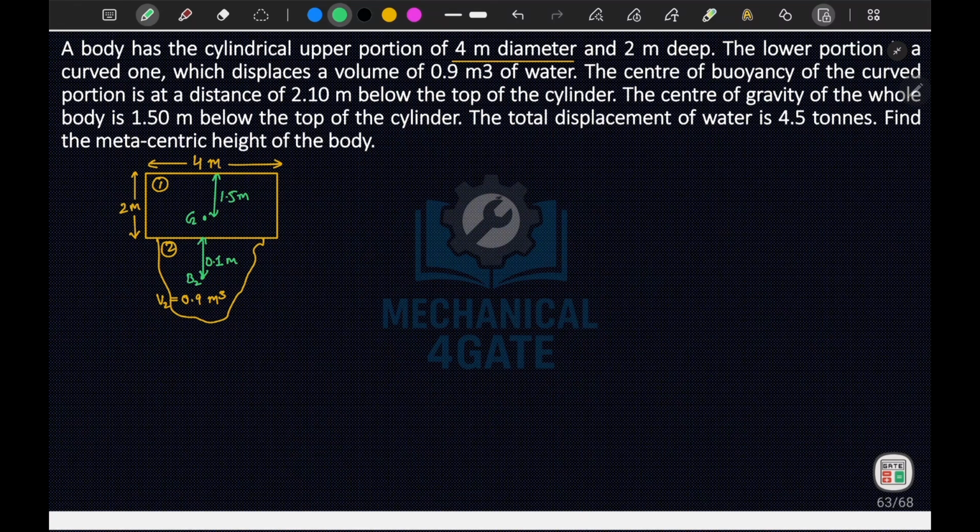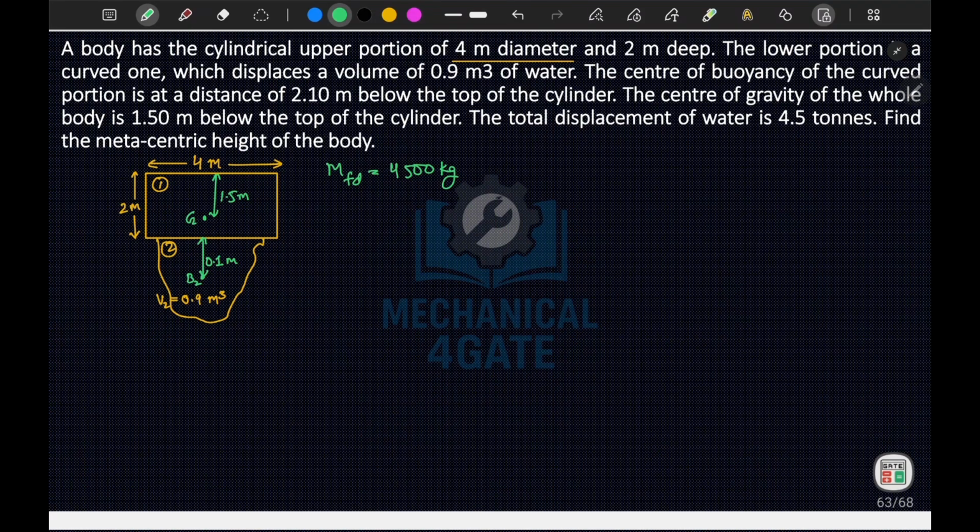The displacement of water is, so weight of the fluid displaced is equal to 4500. This is your 4500 kg, or let's write mass of the fluid displaced. This is your 4500 kg.